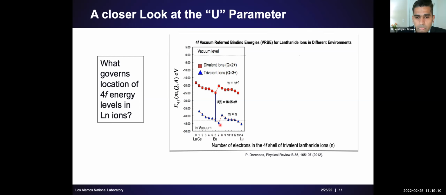Going from trivalent to divalent charge state, you are essentially adding one more electron in the F shell, and that results in increased electron-electron repulsion. So the vertical distance between these two curves, the red and blue, represents the local electron-electron repulsion in the 4F shell, and that's the U parameter, and it's huge for the ions in vacuum, 18 eV or so.